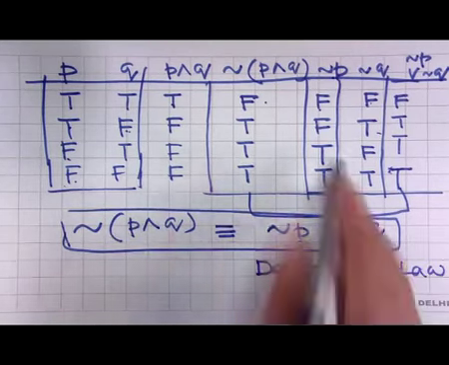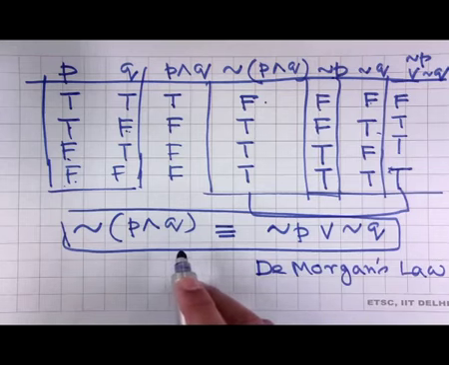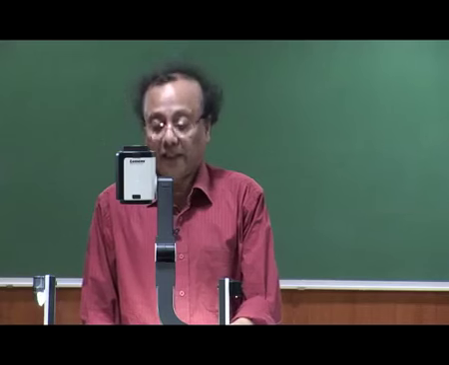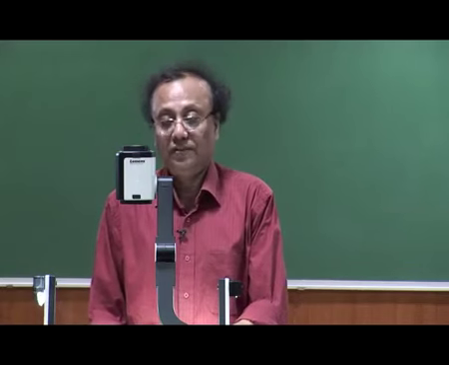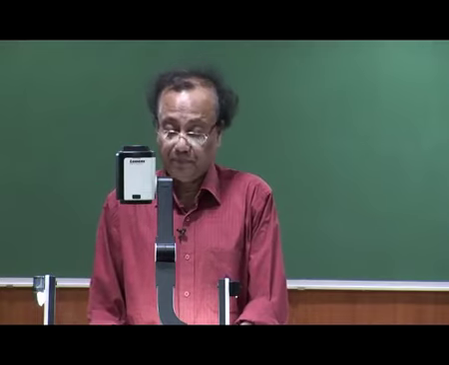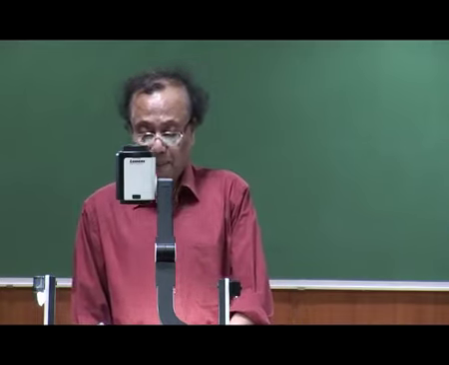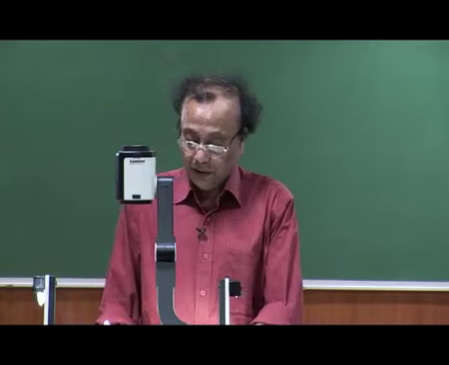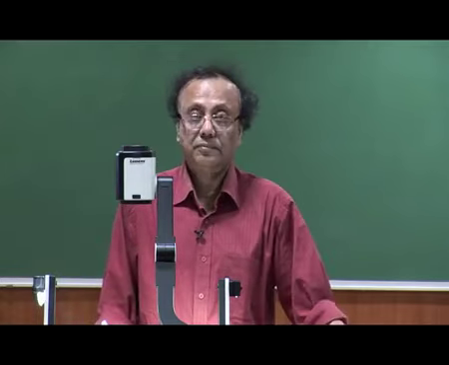We can remember them as it is, or we can look at it from a set theoretic point of view, and we can compute very easily the truth value of negation of a conjunction. In a very similar way, we can compute negation of a disjunction.